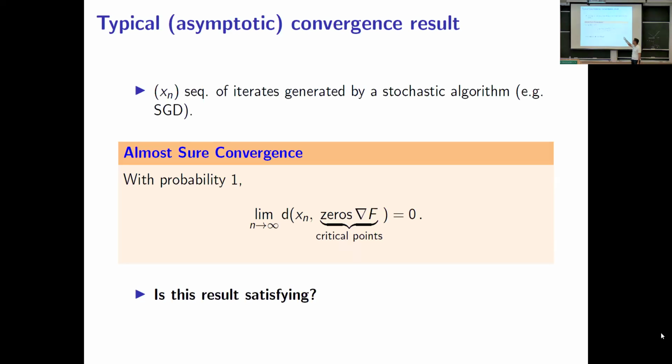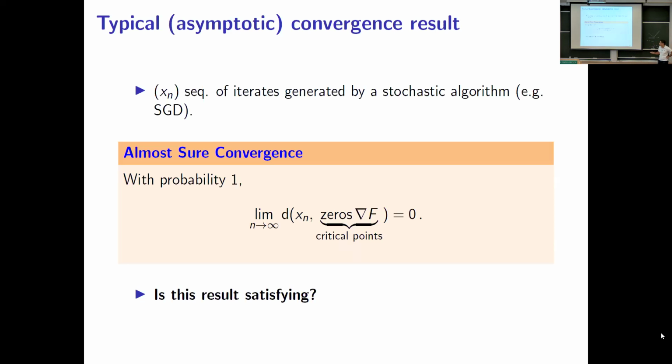With probability 1, we can show that the distance between the iterates x_n of your algorithm and the set of critical points is 0 when n goes to plus infinity. n here is the number of iterations and not the number of layers of your neural network. So we are running an algorithm for n iterations, and we look at the behavior when n goes to plus infinity.